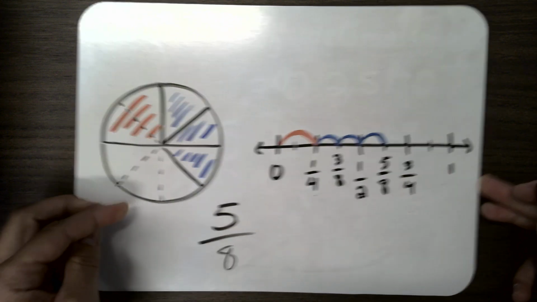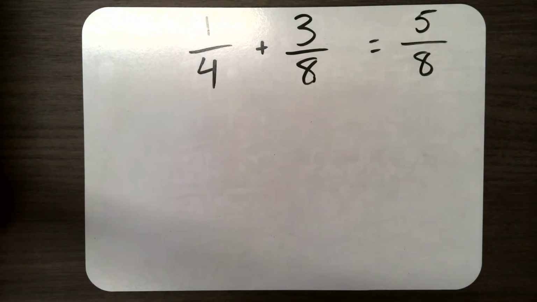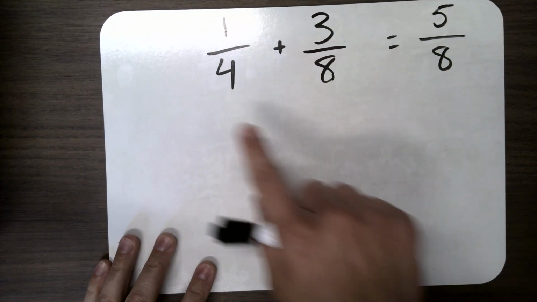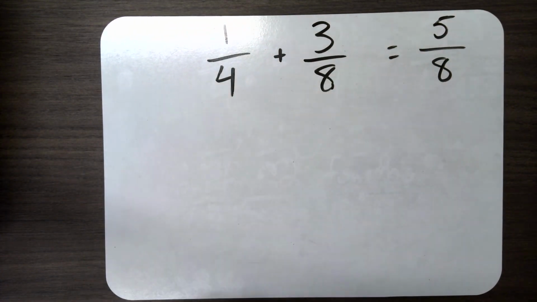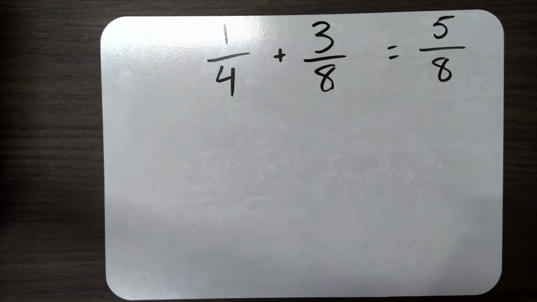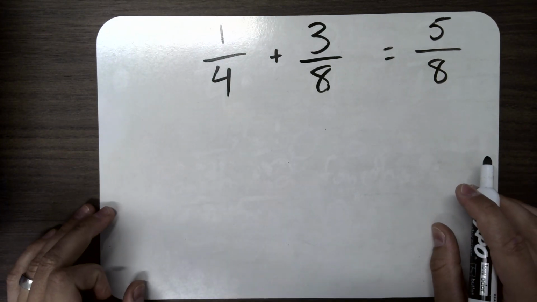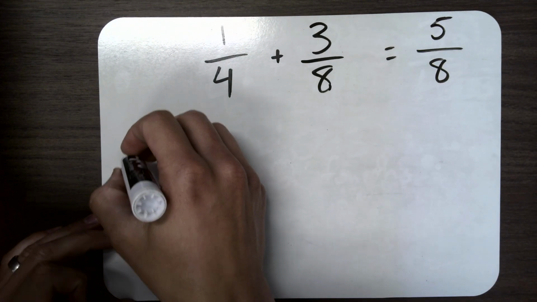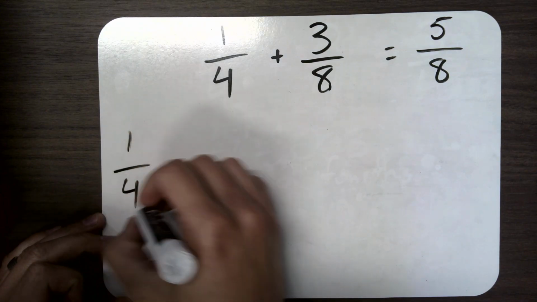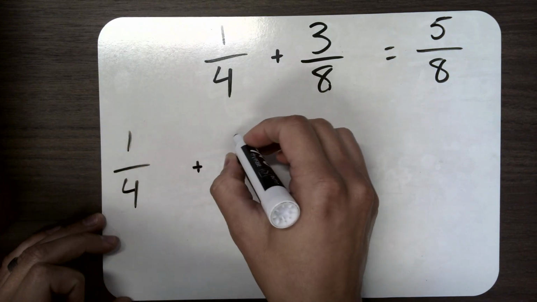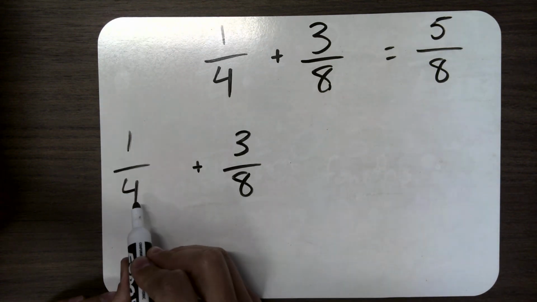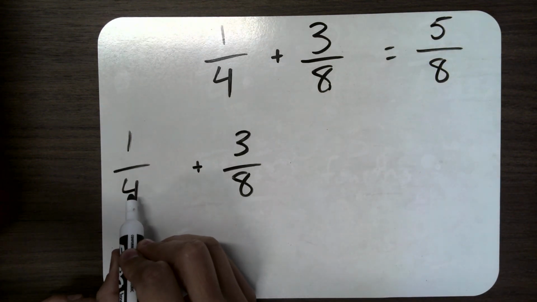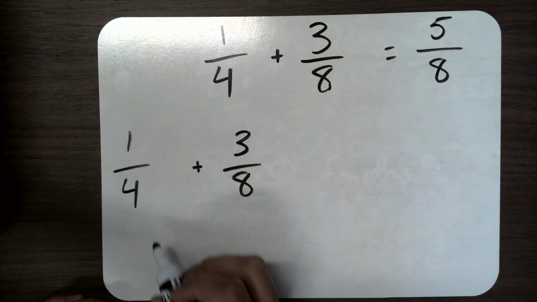Okay. And then I want to go back to the abstract model. This is maybe a little confusing for some since we had fourths and eighths down here. So again, what we're really doing here, and this is kind of our standard algorithm for fraction addition, is 1/4 plus 3/8. And again, what we did was we found a fraction that's equivalent to 1/4.